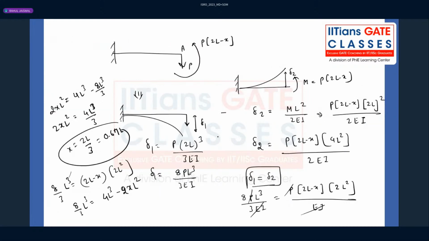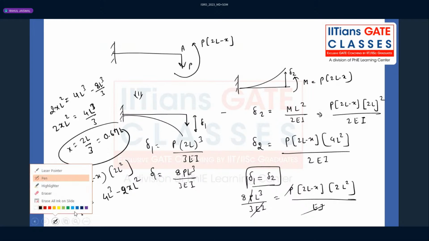If you do not follow the principle of superposition method, and try the double integration method or any other method, you may end up in trouble in the examination because you might make some silly mistake.